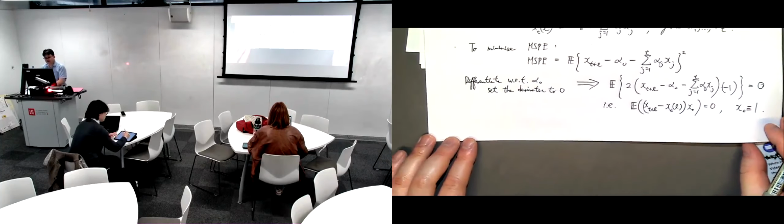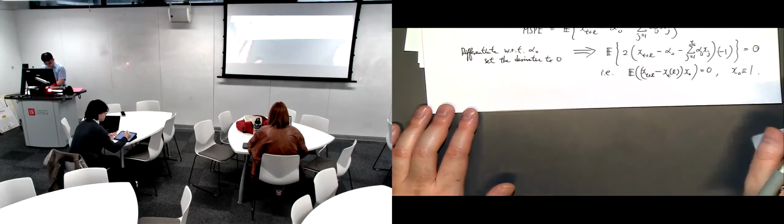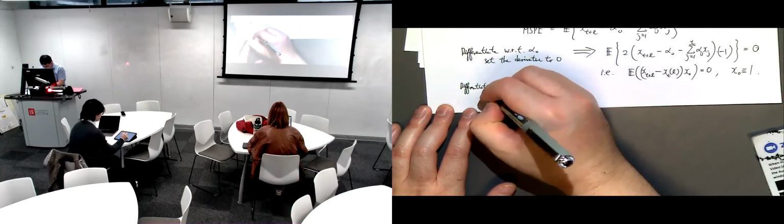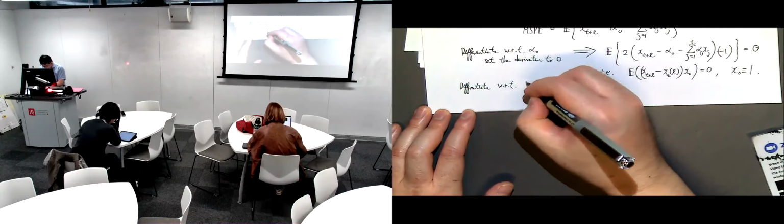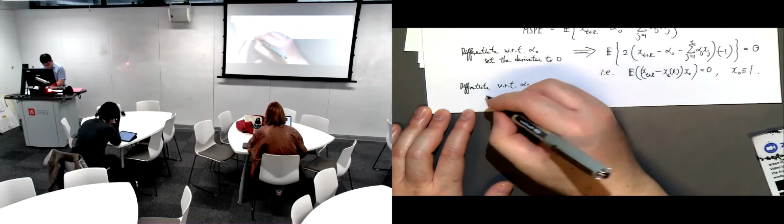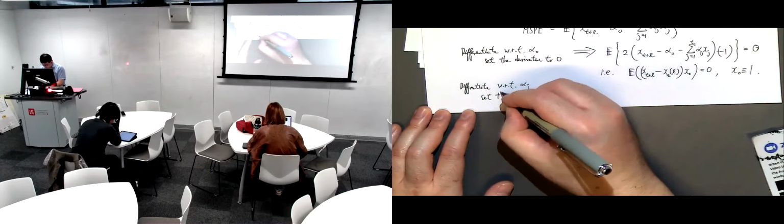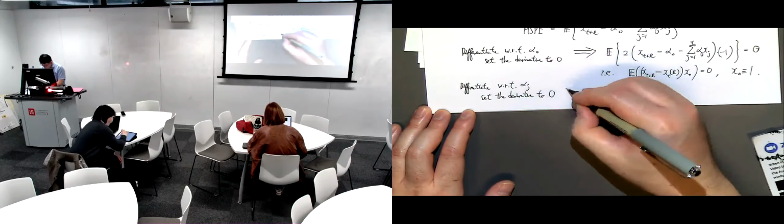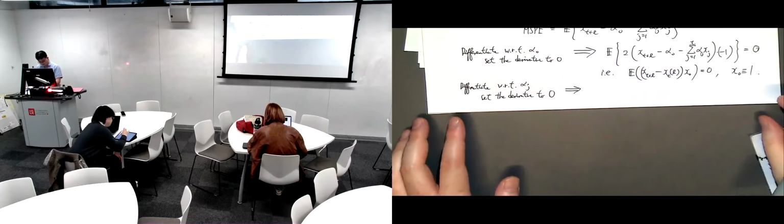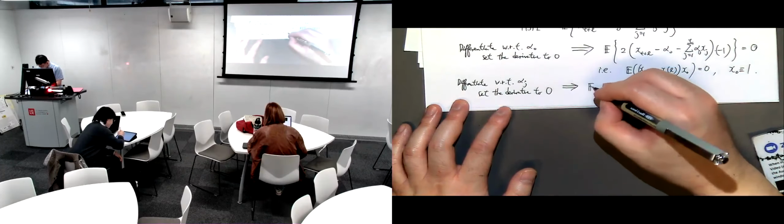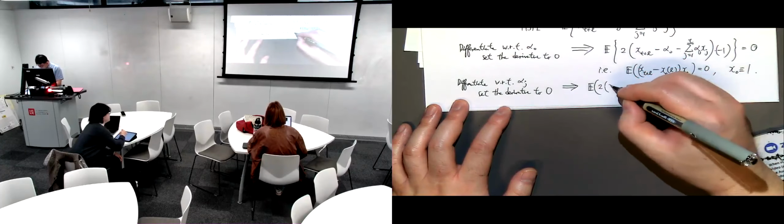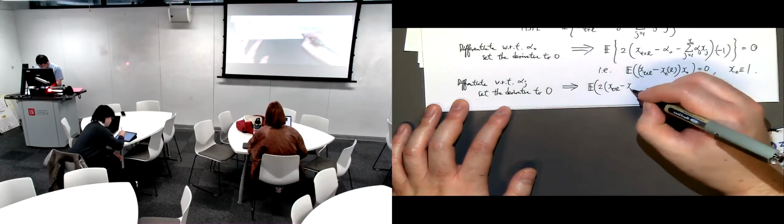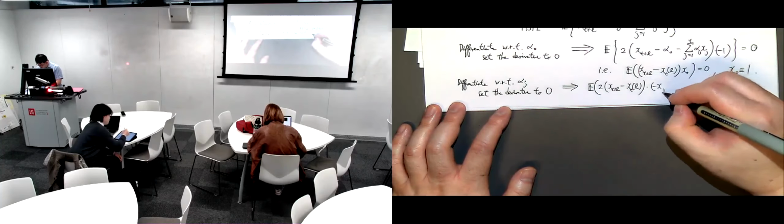If we do the same thing for alpha_j, now you differentiate with respect to alpha_j and set the derivative to 0. So you get this, it's very similar: 2 times (X_{t+L} minus X_t[L]) times minus X_j.